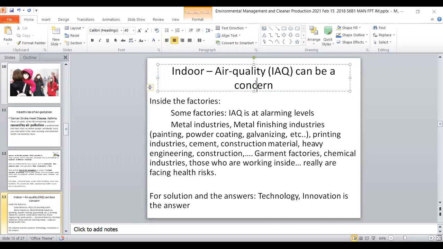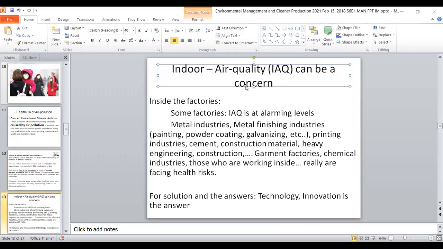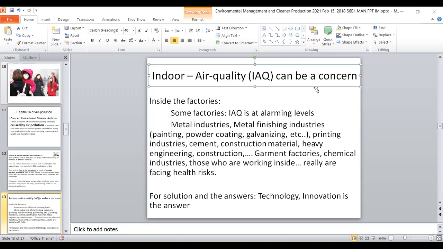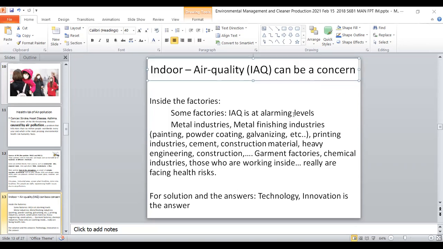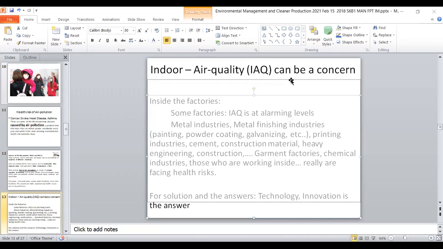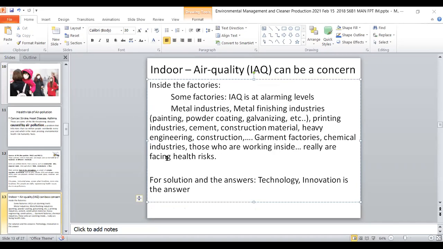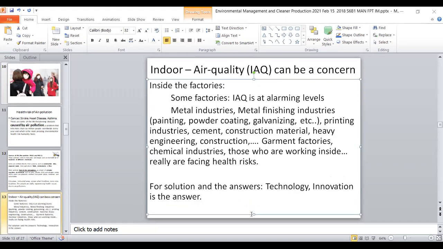So after graduation or before graduation, if you are going to work for industry or starting some venture, you have to explore these risks to minimize them, because a safe environment is a human right.